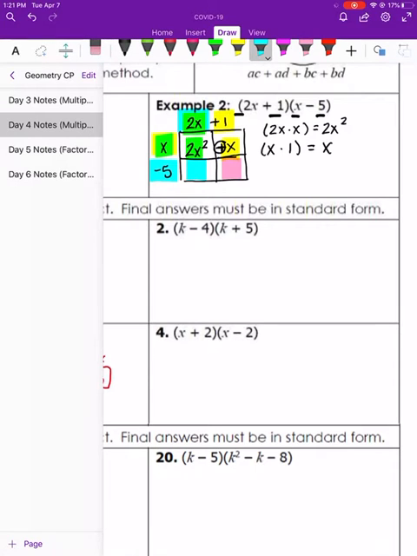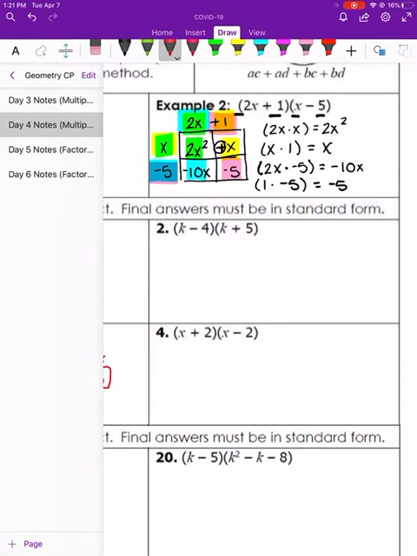Again, your blue ones are still going to be the same. So I should have a 2x times a negative 5. This is a negative 10x. And then my very last one is going to be this plus 1 and negative 5. So 1 times negative 5 equals negative 5.